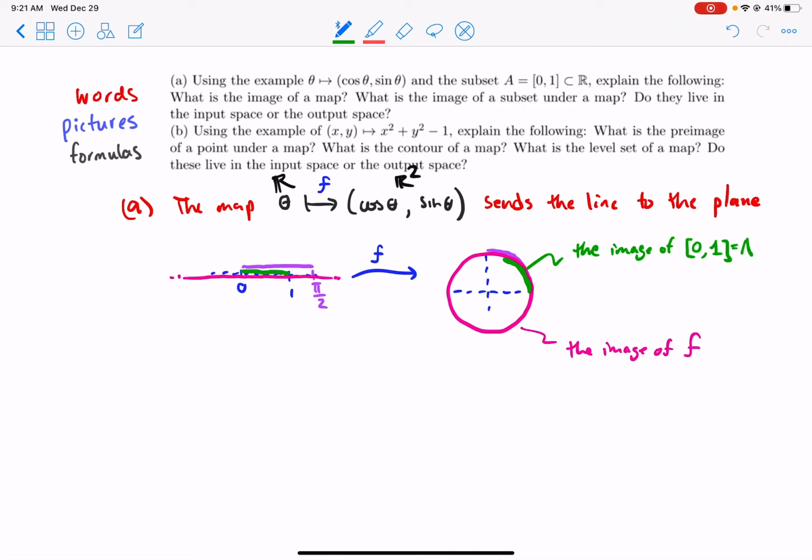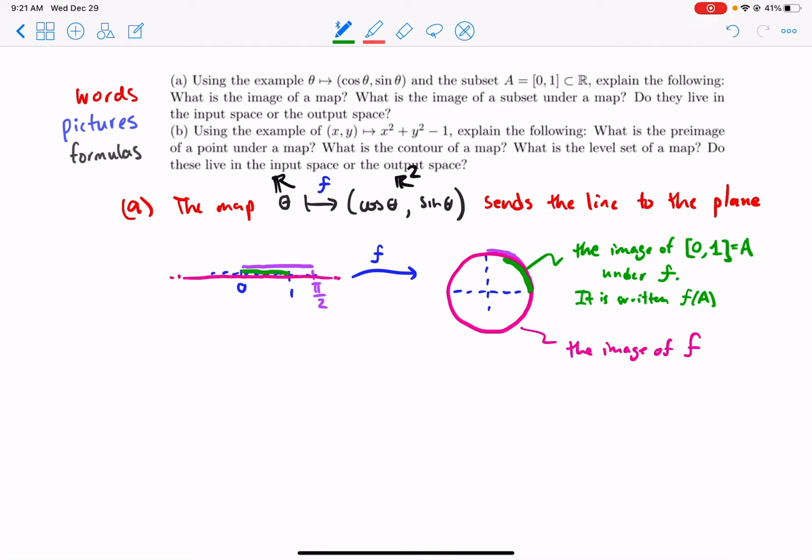We gave this the name A under F. So if we put the inputs only between 0 and 1, the only outputs we get are this little piece of the circle. Okay. And we'd call this image, it is written F applied to A.